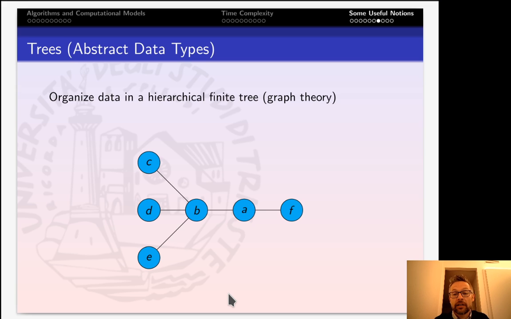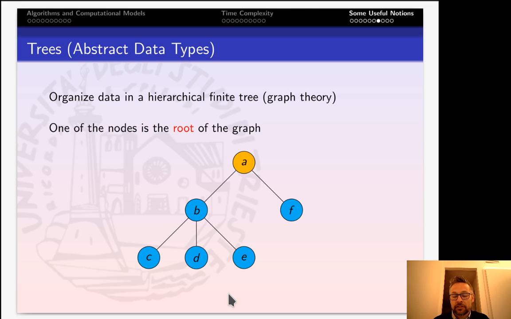So once you have a graph, a tree, as you can see in the slide, you need to pinpoint a node which is elevated to the rank of root of the tree. For instance, in this case, we may select A as the root of the graph.